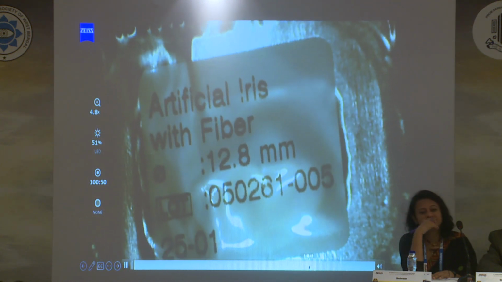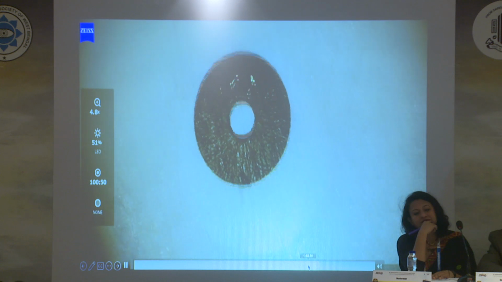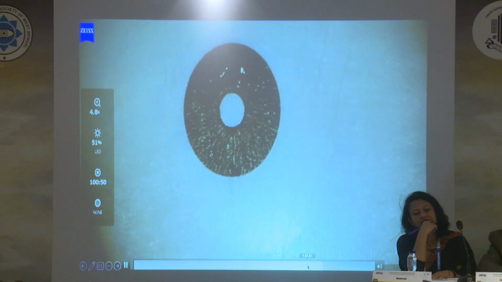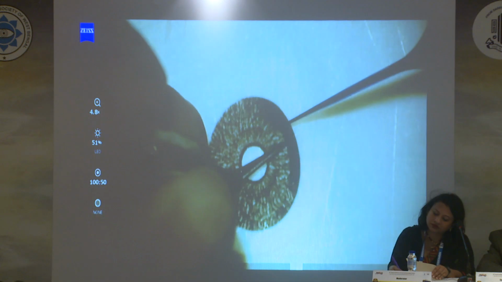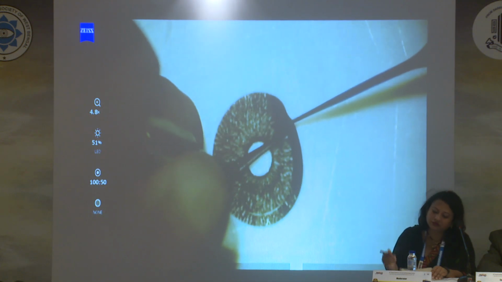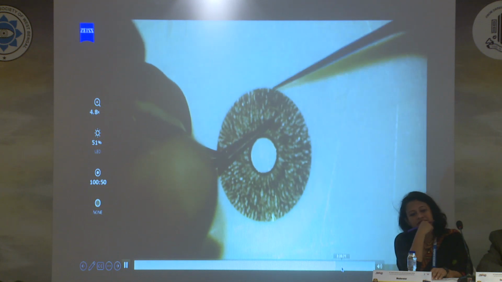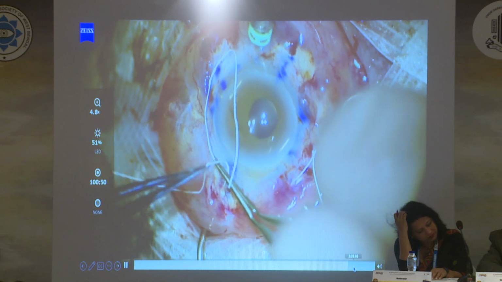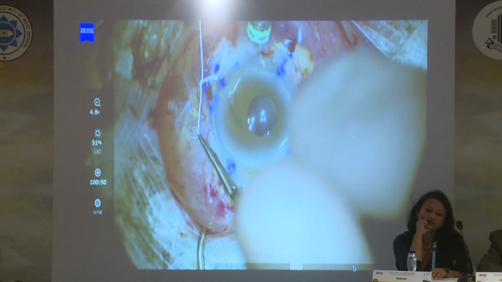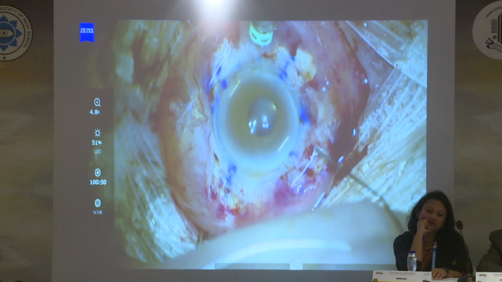Here comes the artificial iris with fiber. 1 millimeter is subtracted from the white to white measurement of the patient. It is refined using a corneal trephine, and the iris is separated. Again, Gore-Tex suture is passed through this, and in the same way, the iris is implanted anterior to the lens.